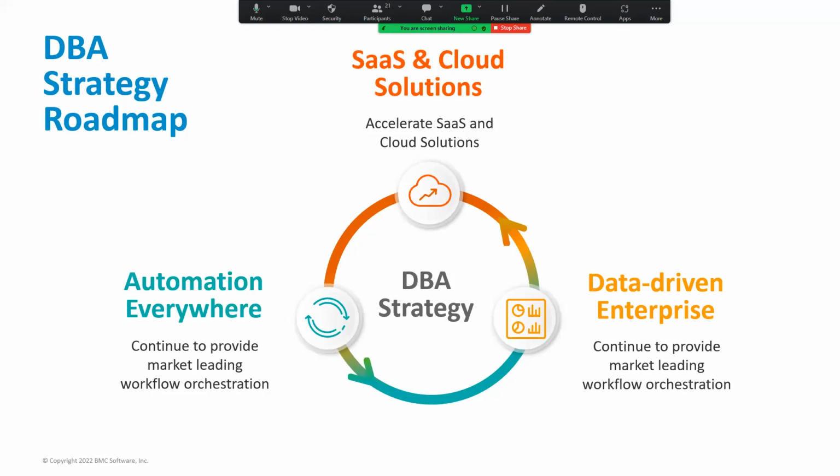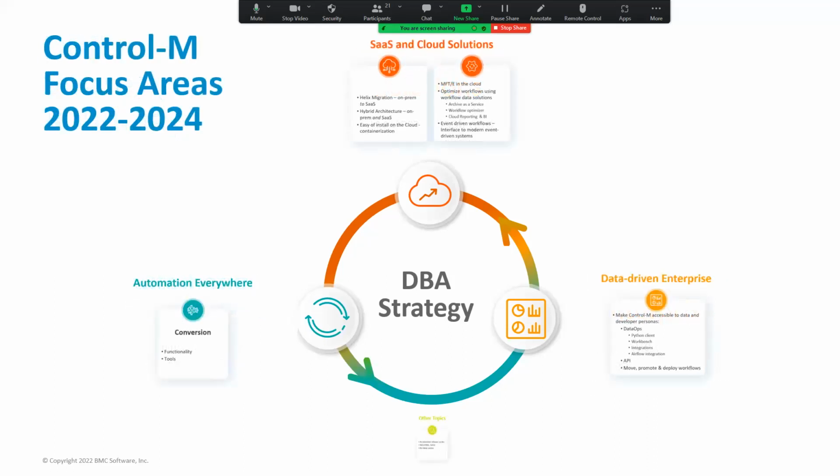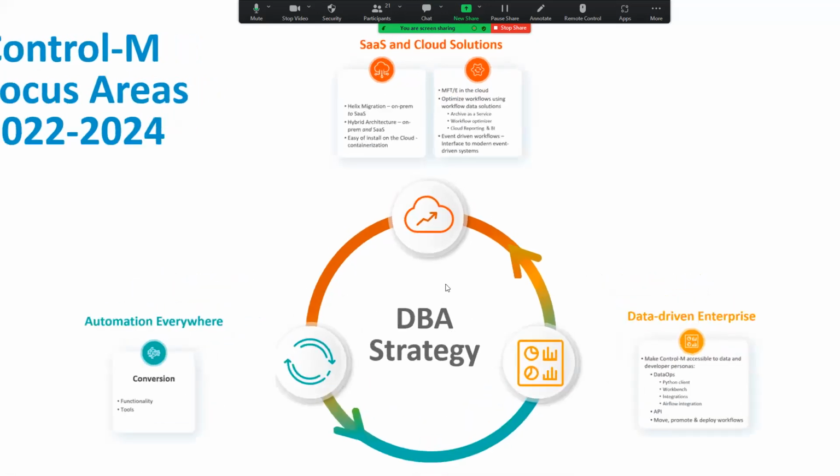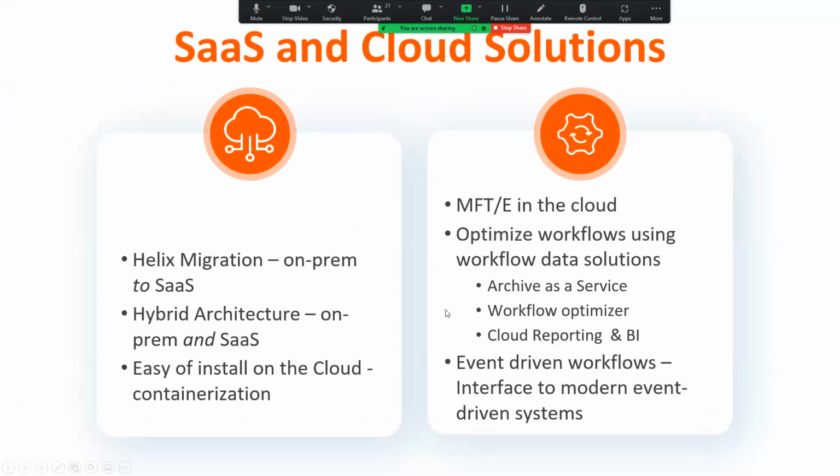And now let's go into some more details for each of these pillars. Let's get started with SaaS and cloud solution. So let me zoom on this pillar. What's in here? The first two bullets refer to Helix Control-M.